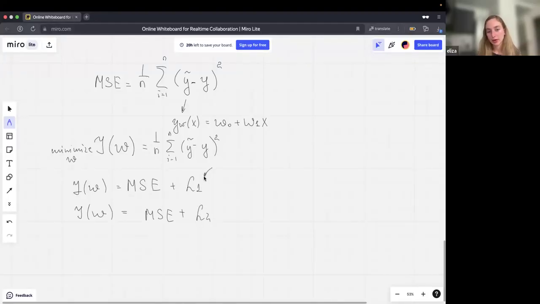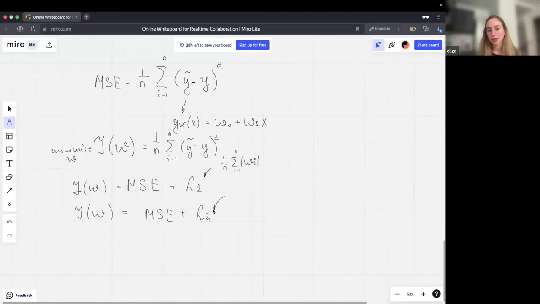The L1 is the sum over your samples of this expression, it's just the sum of your weights.